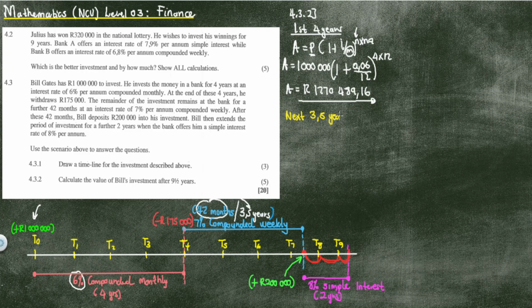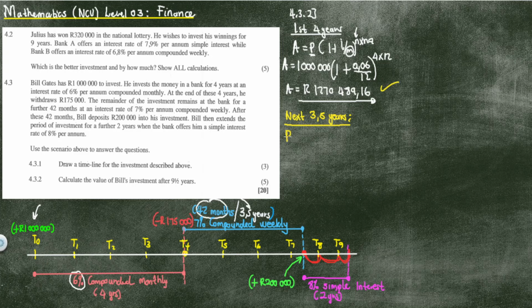Now, for the next 3.5 years, we have to find the accumulated amount for this period. Okay, so this is what's going to happen. At the beginning of the 3.5 years, something happened in the account. What happened? A certain amount was withdrawn from the account, so we have to subtract the 175,123 rand from this accumulated amount.